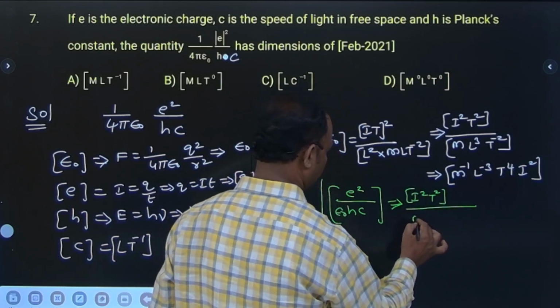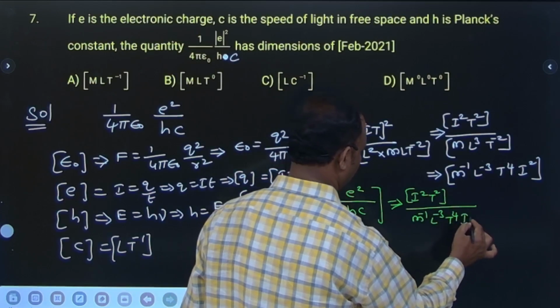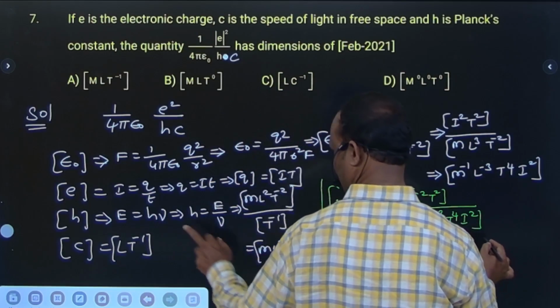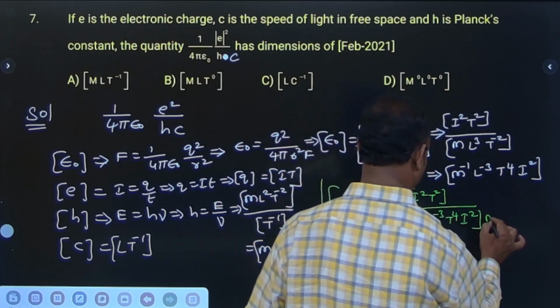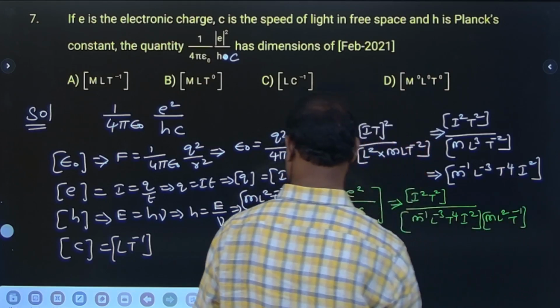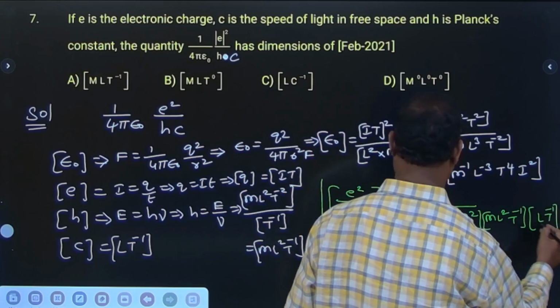Epsilon naught is M minus 1 L minus 3 T4 I square. H is ML square T minus 1, and c is LT power minus 1.